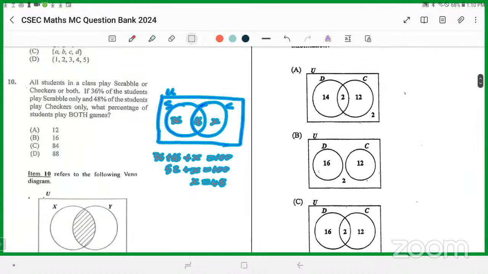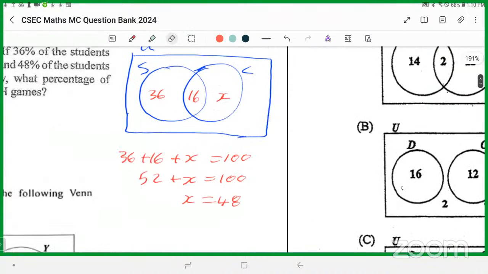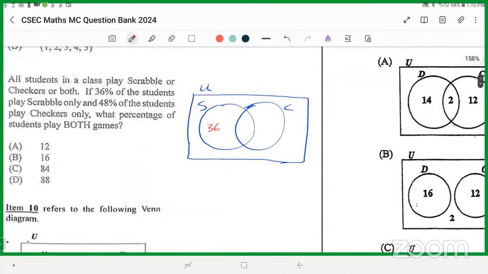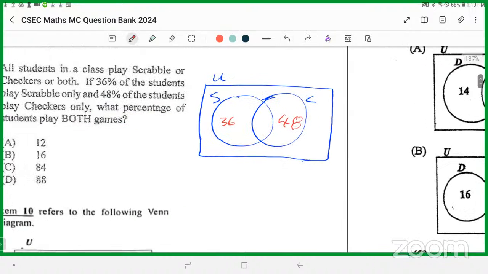So this time, the 36% is Scrabble only. That's the 36 right here. And 48% play checkers only, so we need 48 right here. And this time they ask what percentage play both. That's the X inside there.